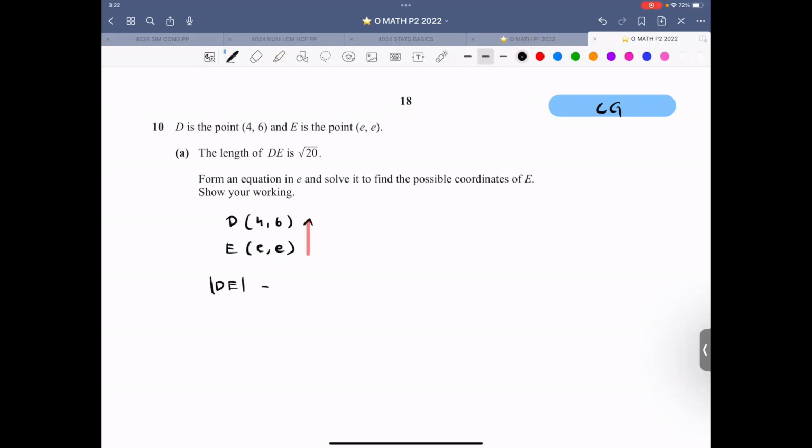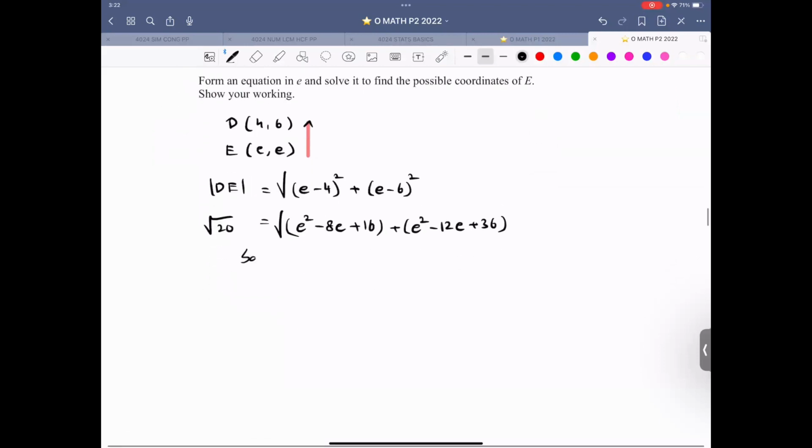So therefore, this is (e minus 4) whole square, this is (e minus 6) whole square, square root. So this is e square minus 8e plus 16. This is e square minus 12e plus 36. Square root, that is square root of 20. Square both sides, so the square root will disappear.